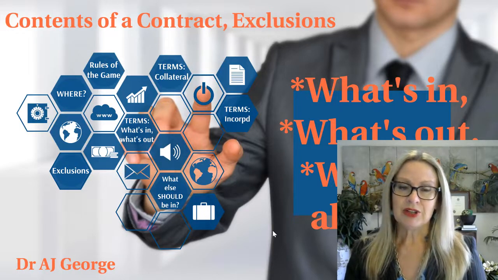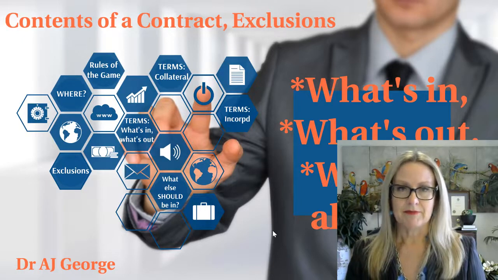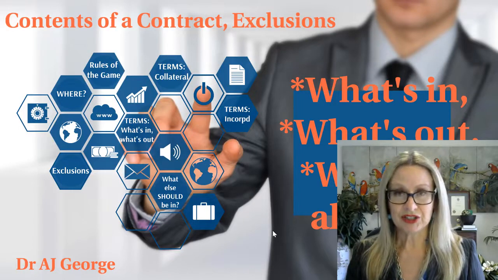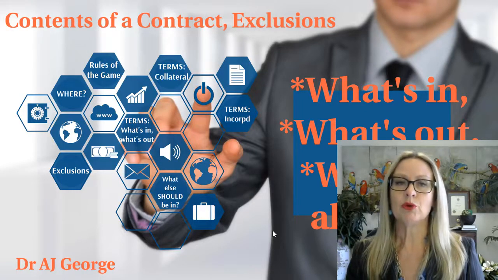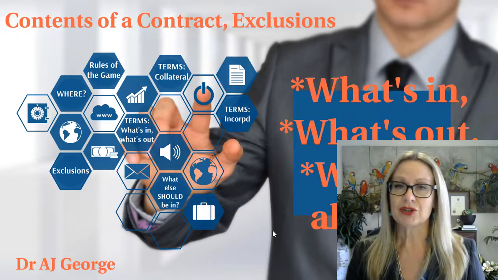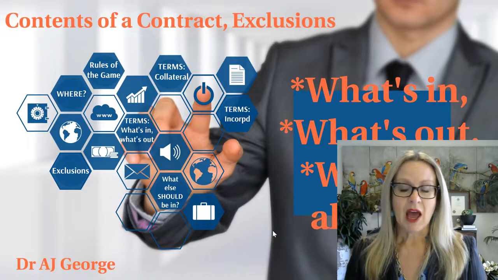Then in video 3 we had a little look at the terms themselves and how you work out whether the parties intended a term to be a justiciable term, a contractual term, or not. Obviously that helps the courts when they are trying to work out if the parole evidence rule should apply. We also had a little look at classification of terms.